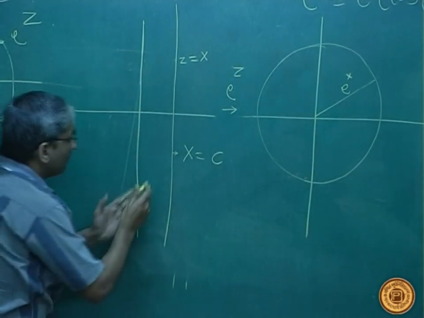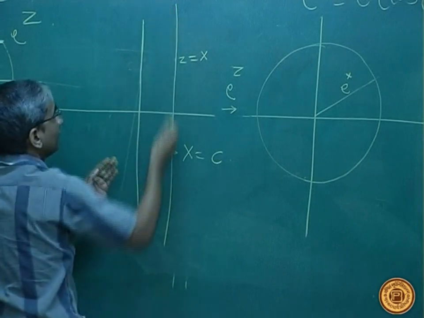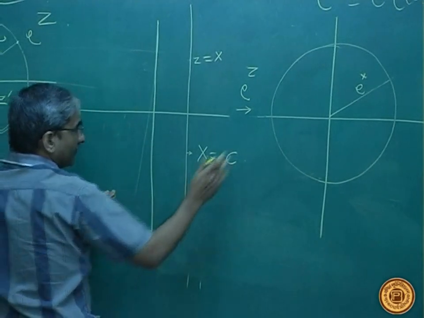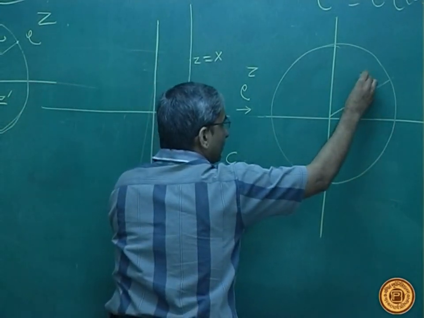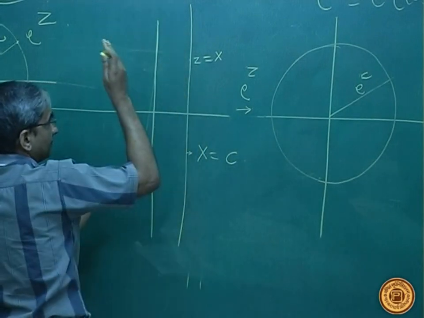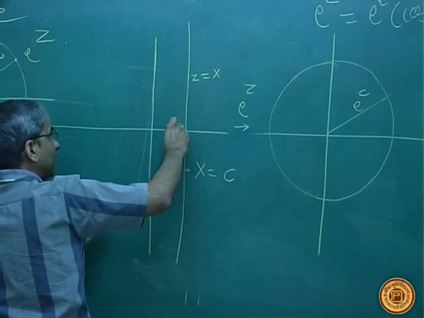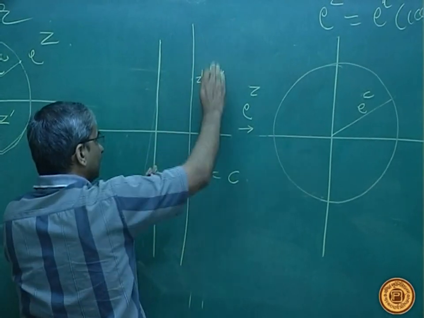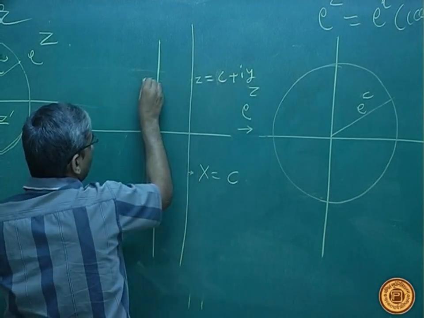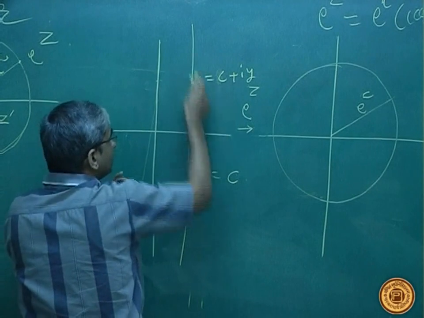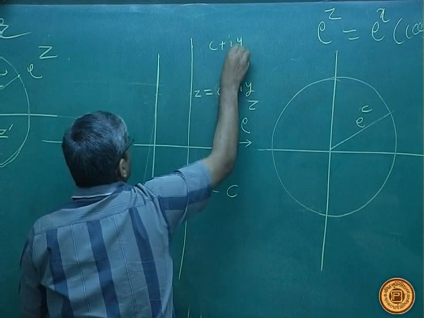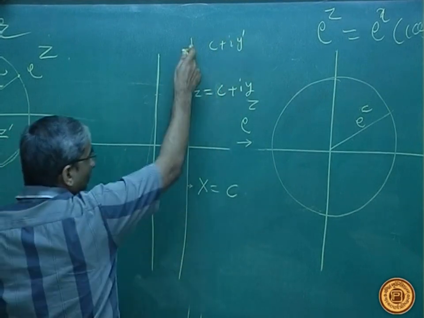Is this clear to you? Because for any point on this line, the x coordinate is fixed. Now this x I have taken as c, so it is e to the power c. The x coordinate is c throughout this line. So when you take e to the power z, this is c plus iy, where y is whatever. Even if you take a point here, it is c plus i times y dash, whatever, but the x coordinate is c.